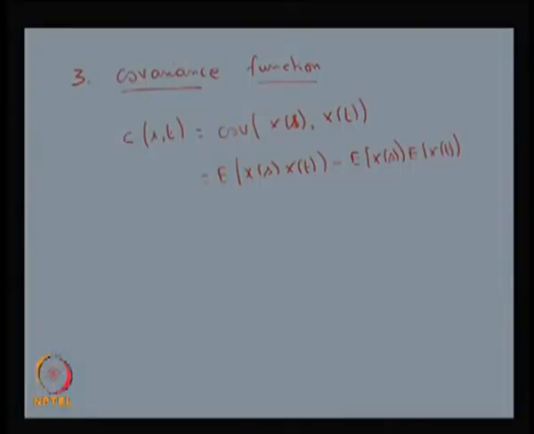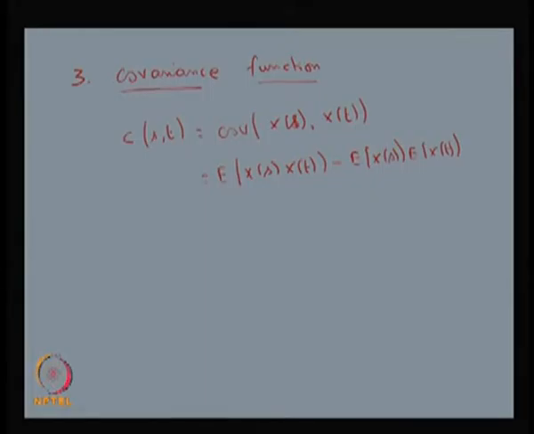That means the second order moments are assumed to be finite, and therefore you are getting the covariance of these two random variables. So using that you are defining C of s comma t, that is the covariance.